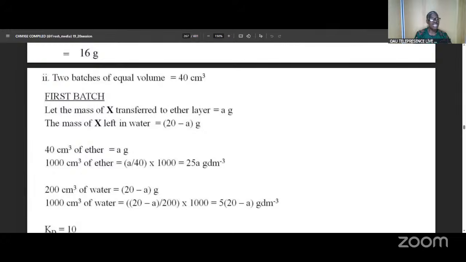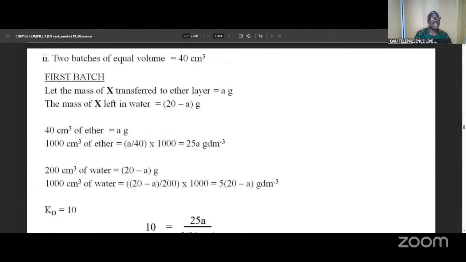I told us earlier that we will divide the total volume of ether given to us by 2, because we are to calculate the amount of X extracted using 2 batches of equal volume. So you have 40 there.